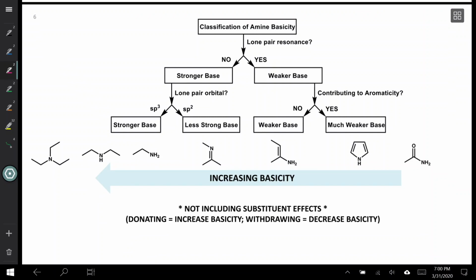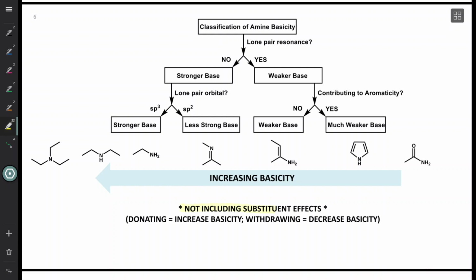So here's sort of a quick classification rule. If you're trying to decide who is a stronger base, who's a weaker base, you could start with this. But just to be clear, this does not include substituent effects that we just talked about. It's sort of just basic alkylamines, right? So just to walk you through it, does it have lone pair resonance, right? Is that lone pair resonating with another part of the molecule, say an electron withdrawing group or aromatic group, and is less available?